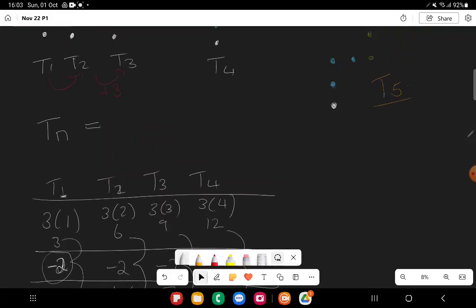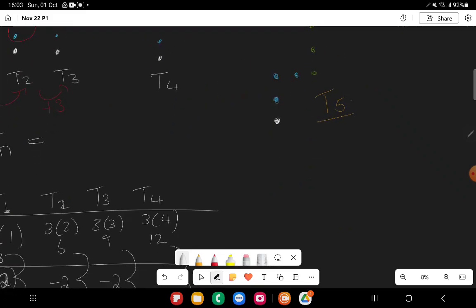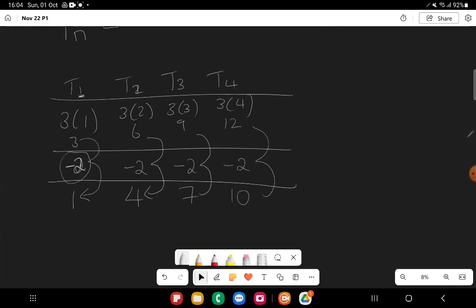3 times 4 is 12. Let's count quickly. Term 4, 3, 6, 7, 8, 9, 10. That's actually, wait. Okay, so term 4 is actually, hold on, 10. So from there to there, it is minus 2. So now it makes sense.